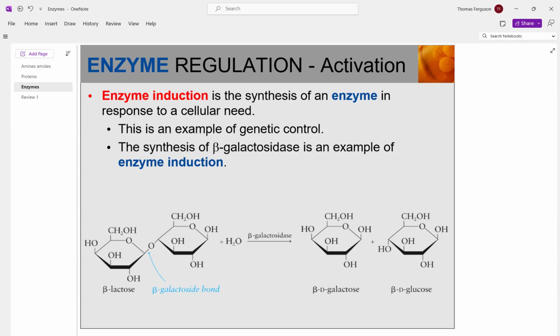For example, if we needed to take this lactose disaccharide and hydrolyze it, it's going to require that enzyme. That enzyme is not naturally there. So our body makes it on site, and hence it works. That's called enzyme induction.